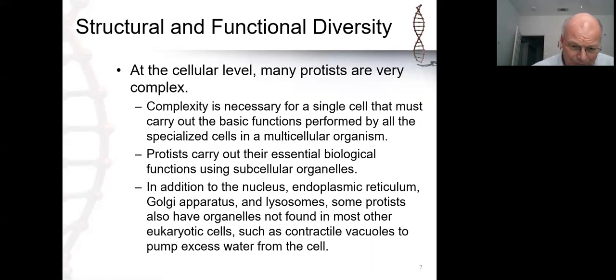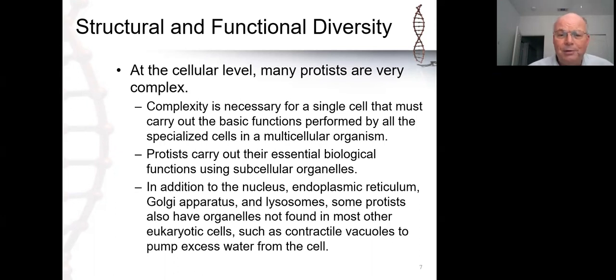You should be familiar with all of those. You've encountered them before. But what you find is that some protists have unique organelles that are not found anywhere else. So if you've seen a paramecium, and hopefully you have, under the microscope, you may have seen what are referred to as contractile vacuoles, something that is an organelle uniquely found in ciliates.